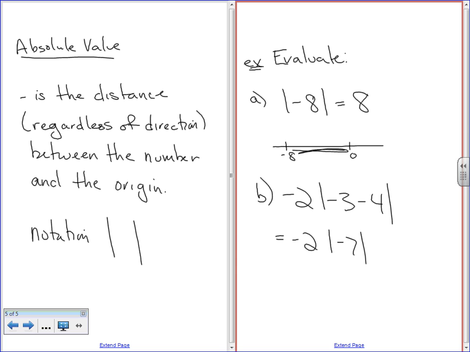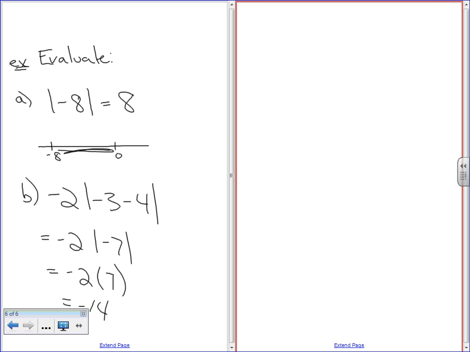The absolute value of negative 7 is positive 7. And then simplify your expression. Make sense?